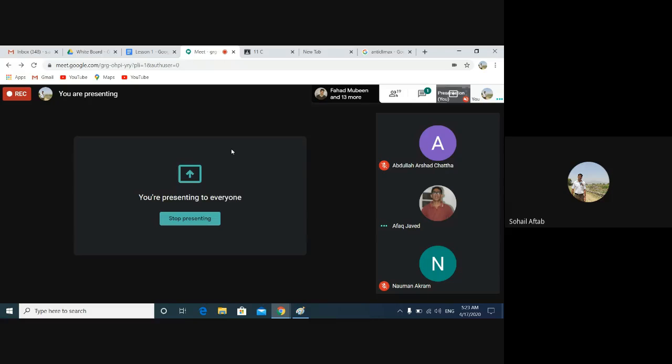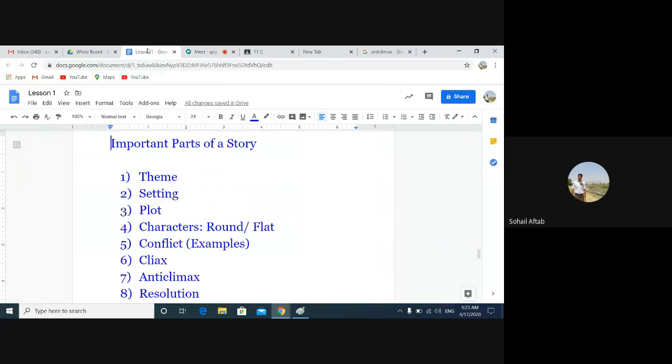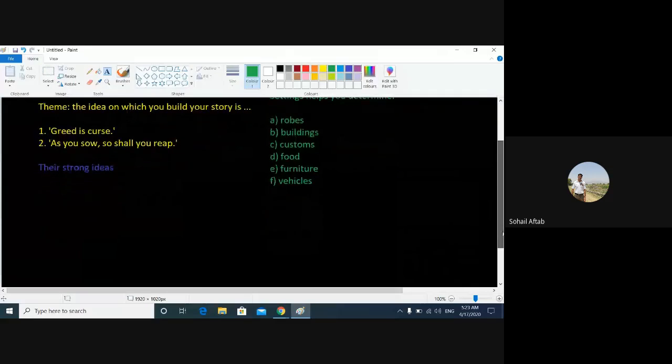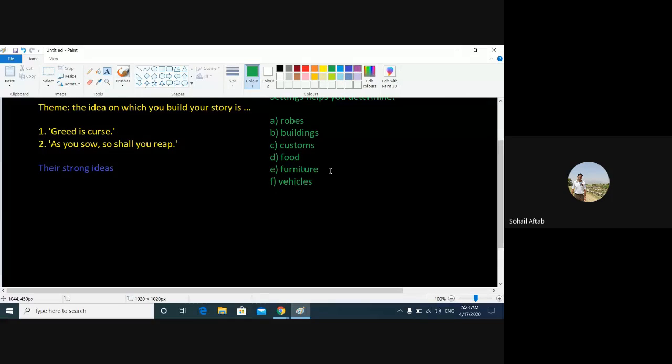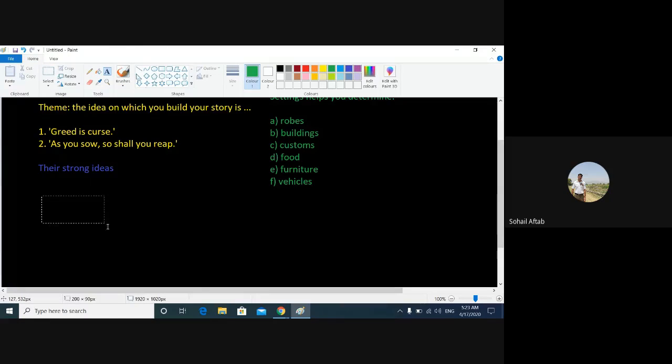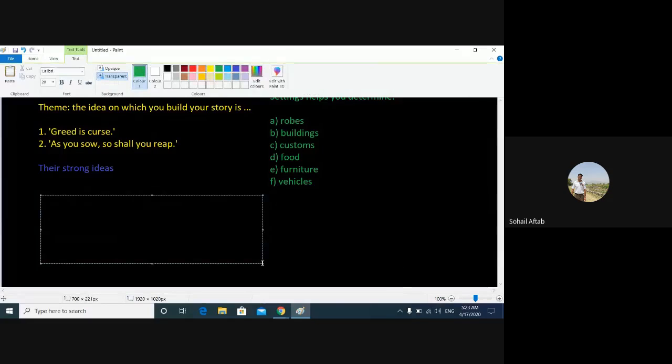Yes, sir. Let's go ahead. Now we have plot. What exactly is plot? Let us first of all define it and then go ahead. Our third component is plot.